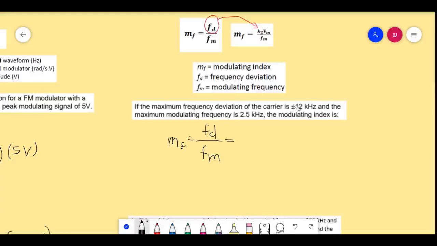So don't mind the plus or minus 12 kilohertz. This plus or minus here means that the frequency changes above 12 kilohertz and below 12 kilohertz from the frequency of the carrier. So it's just a matter of writing the 12 kilohertz here.